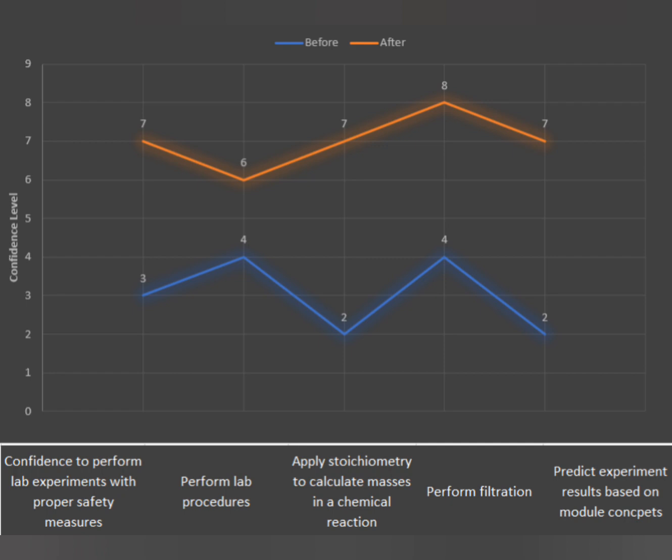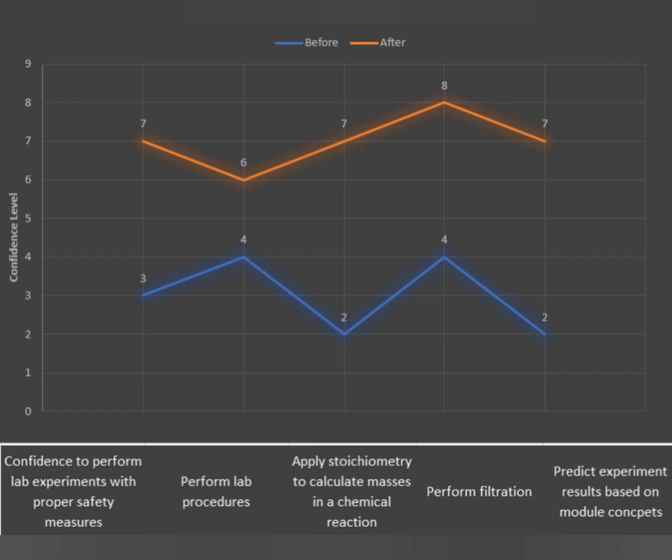For me, I picked confidence to perform lab experiments with proper safety measures, perform lab procedures, apply stoichiometry to calculate masses in a chemical reaction, perform filtration, and predict experiment results based on module concepts. And in this graph, we were tasked to have two lines, one line representing our confidence level before the labs and a second line showing our confidence level after the labs.